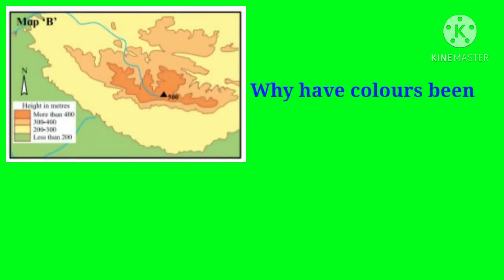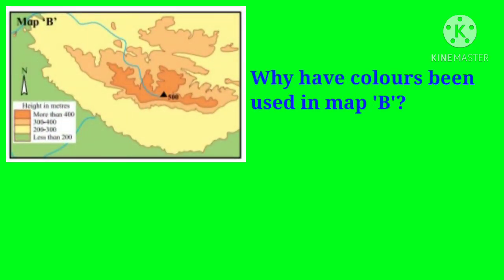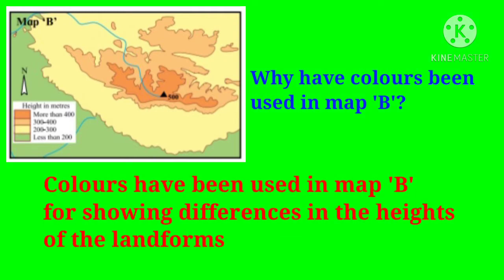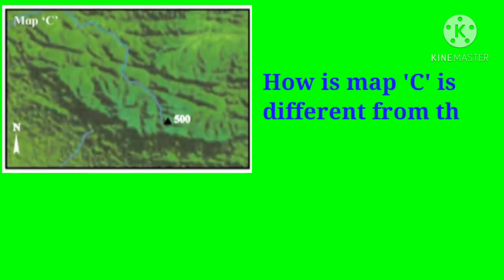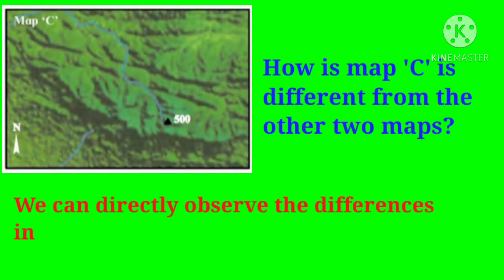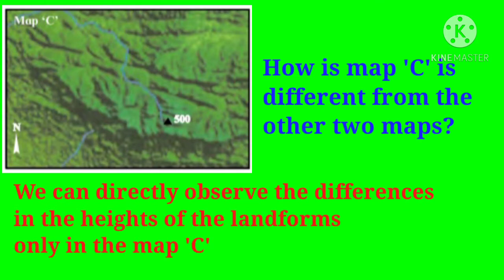Why have colors been used in map B? Colors have been used in map B for showing differences in the heights of the landforms. How is map C different from the other two maps? We can directly observe the differences in the heights of the landforms only in map C.